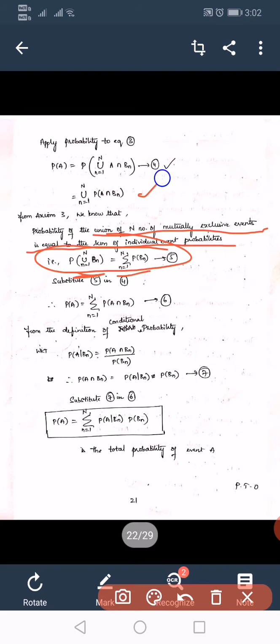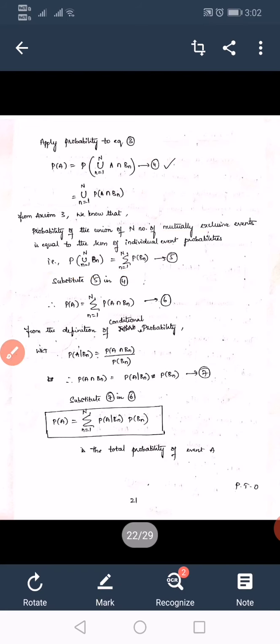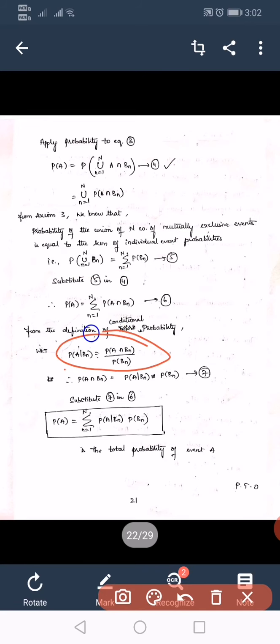In the same way, equation number 4, according to axiom 3, we can write P of A equal to summation of n equal to 1 to N, P of A intersection Bn. Now take the conditional probability, A given Bn. What is A given Bn? P of A intersection Bn by P of Bn.